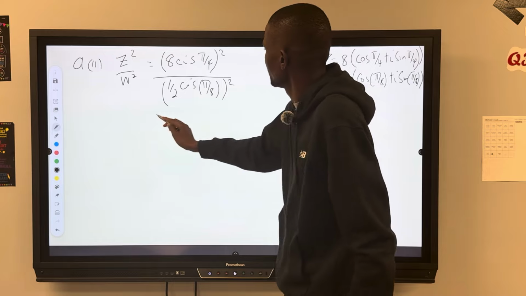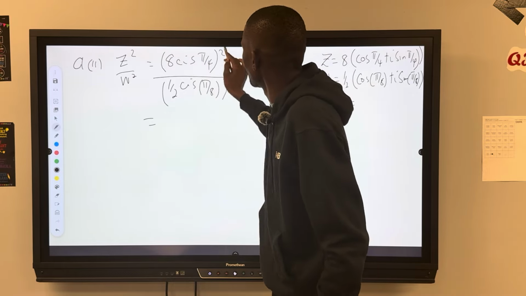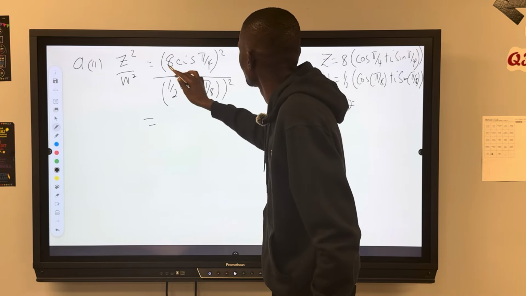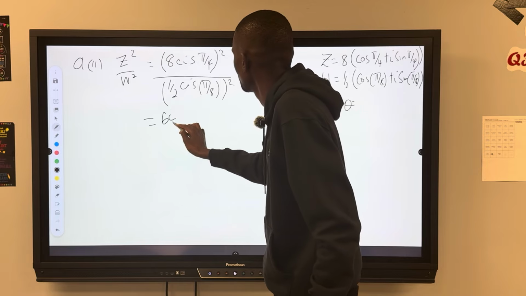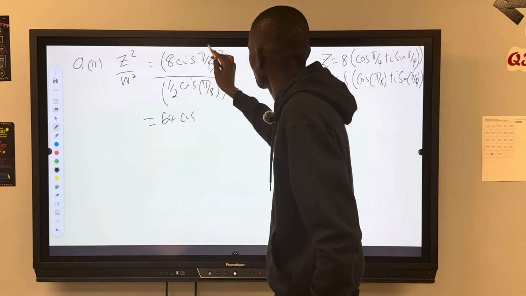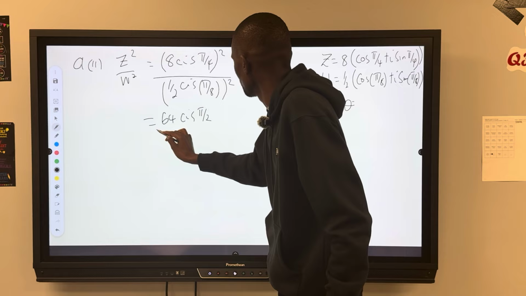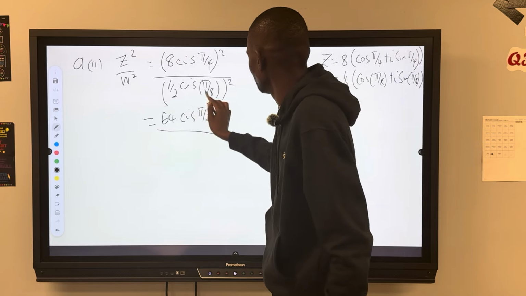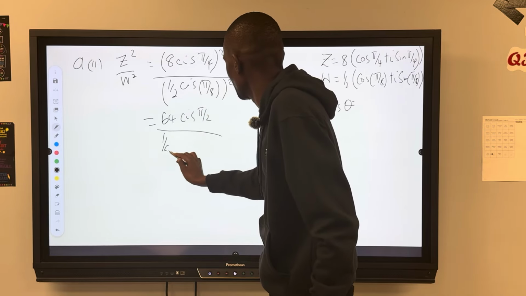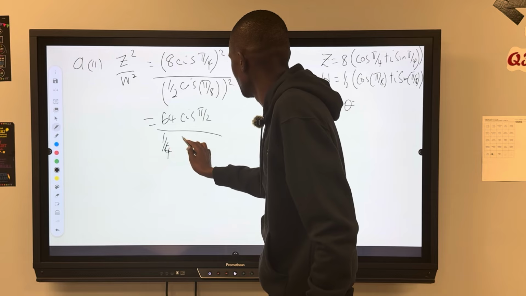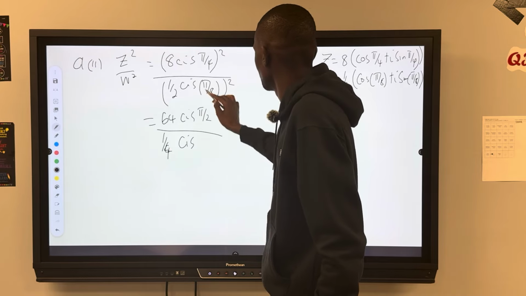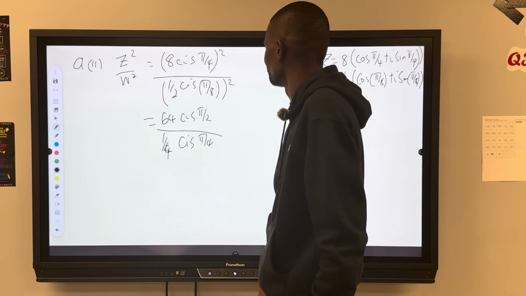Remember, this affects your r, so my modulus squared is 64. Then this one becomes pi over 2 over this one, which is now 1/4, cis pi over 4.